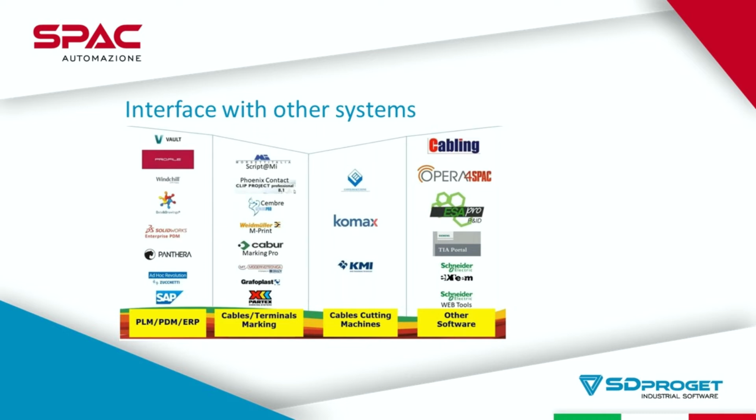This facilitates the sharing of information a lot, also with the operators in the field. And we have other cooperations with big manufacturers of electrical materials such as Siemens and Schneider, and with ESA Pro, in this specific case for the interface with their piping and instrumentation diagrams.